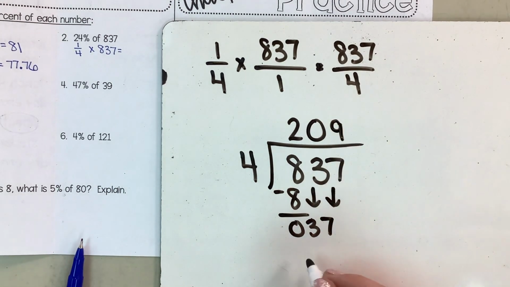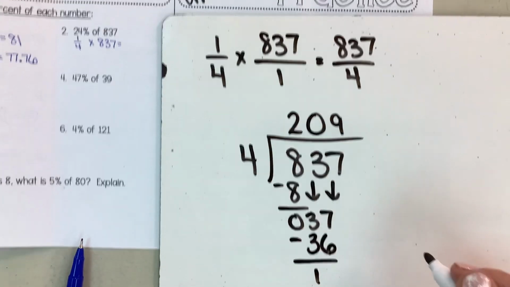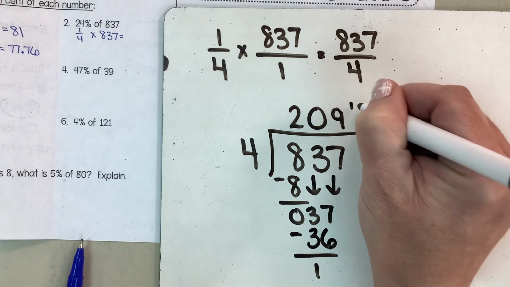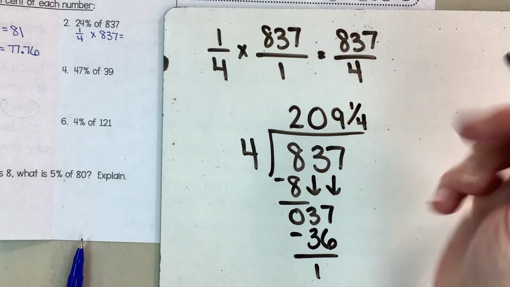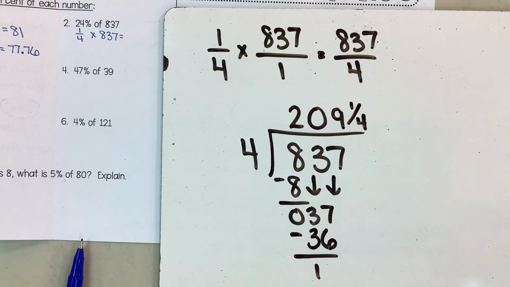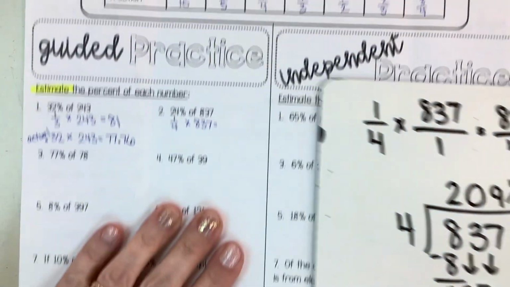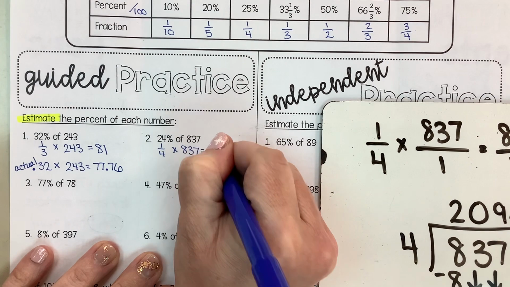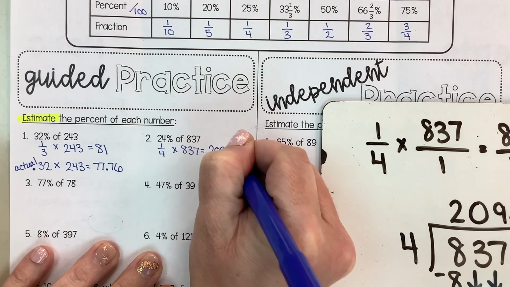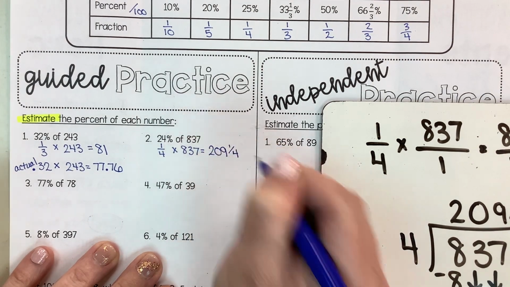Good, 9 times, which is 36. And 1 left over, so we can just finish it as 1/4. Or if you like to go on and use the decimal, 0.25, it doesn't matter. So here is our answer. This is an estimate, 209 1/4.